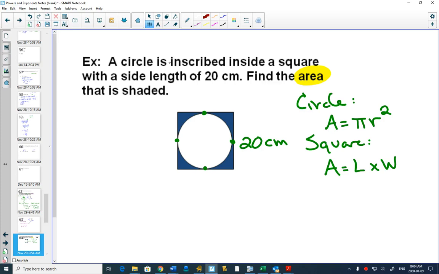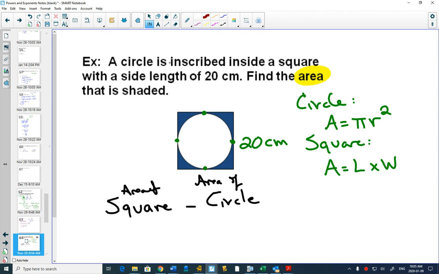Does it make sense that if we figure out the area of the square and we figure out the area of the circle and then just subtract it? Okay? So my area of my square, and then subtract my area of my circle, that should give me how much is left.